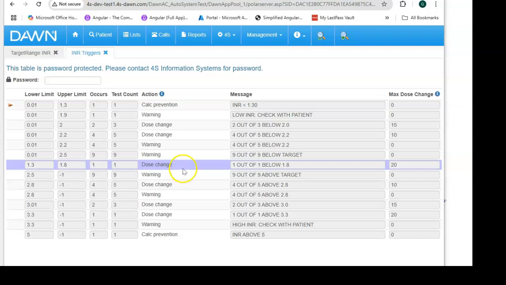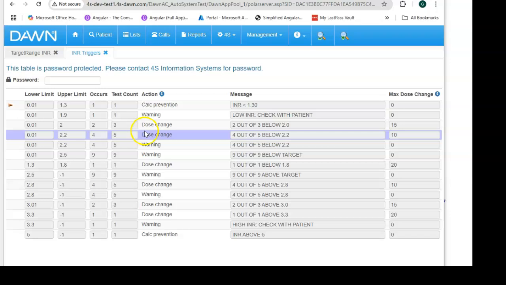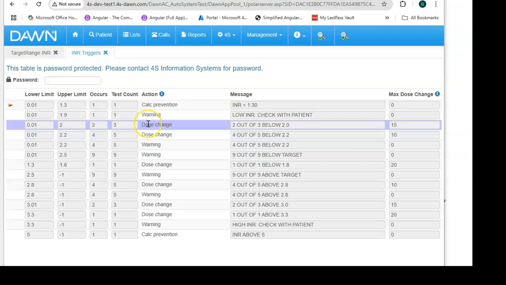So an INR of 1.7 or an INR of 3.4 is going to produce a dose change straight away. This will only kick in where the current INR is within that single standard deviation from the norm, and then it will require 2 out of 3 to have met this criteria in order to produce a dose change.